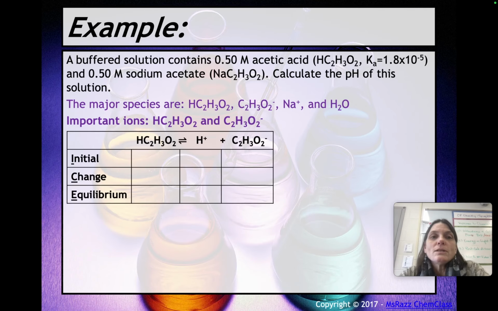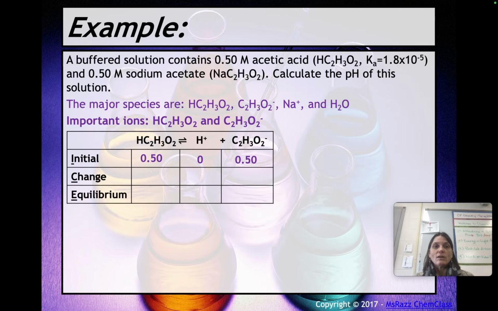All right, so the important species in this case is the undissociated acid, HA, HC2H3O2, and H plus, and the conjugate base, which is the acetate ion itself, C2H3O2 minus. All right, now in a buffer, we have initial concentration of both parts.